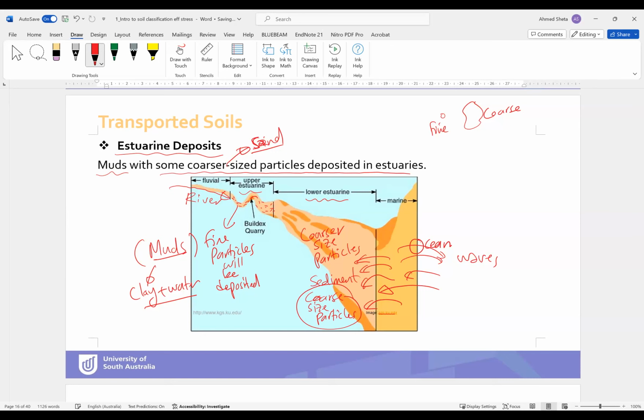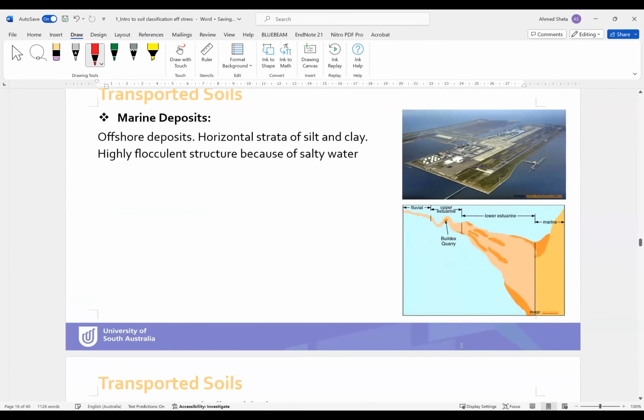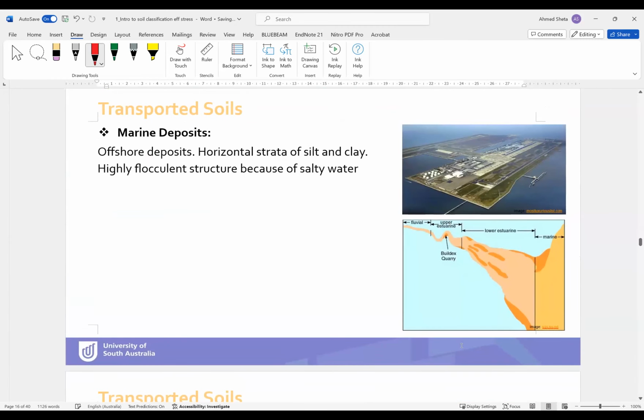Okay. Now, if we go to the next slide, we have the marine deposits. The marine deposits are offshore deposits and horizontal strata of silt and clay.